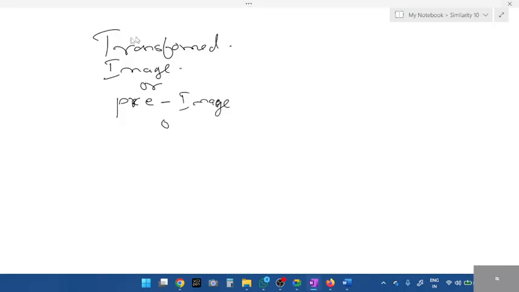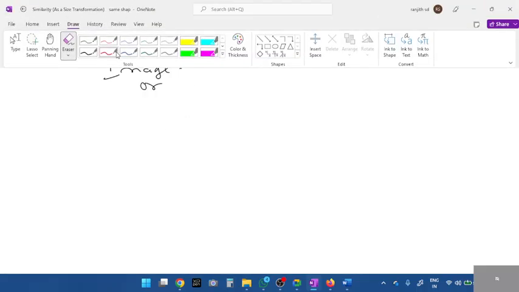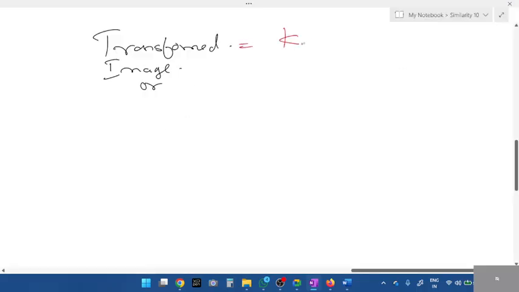Transformed image, we also call it pre-image. Or not pre-image, transformed. See, transformed is equal to k into original. This is the formula, students.